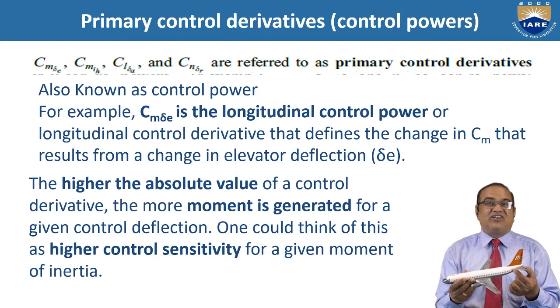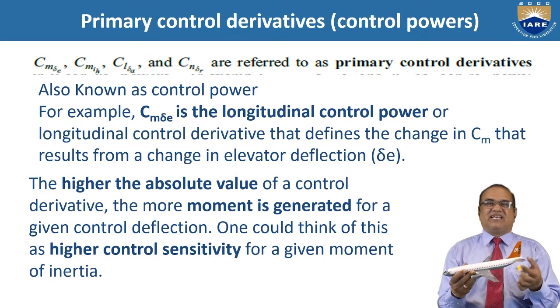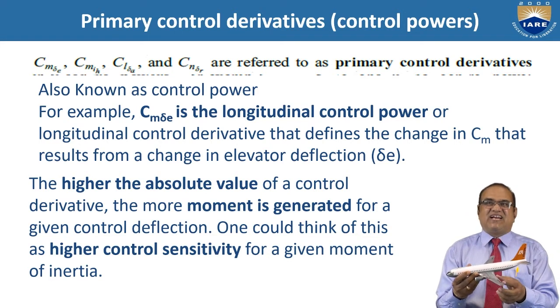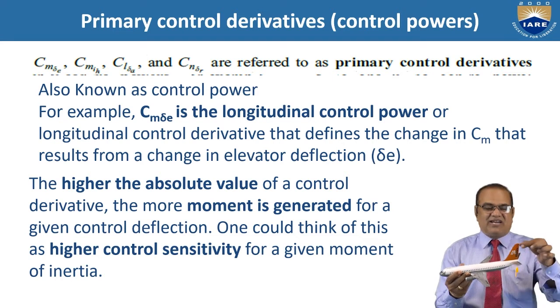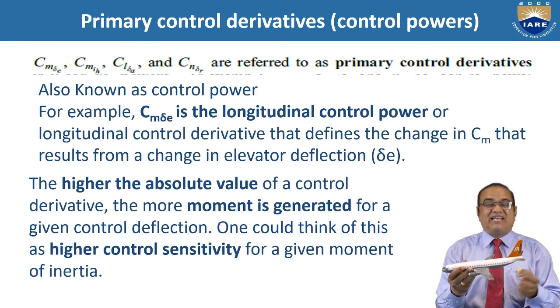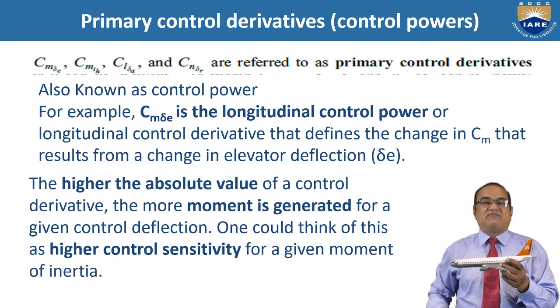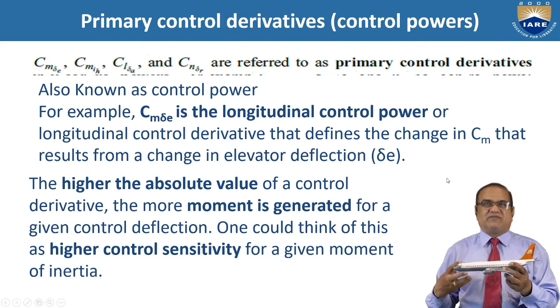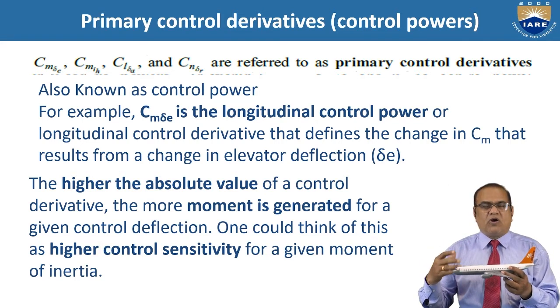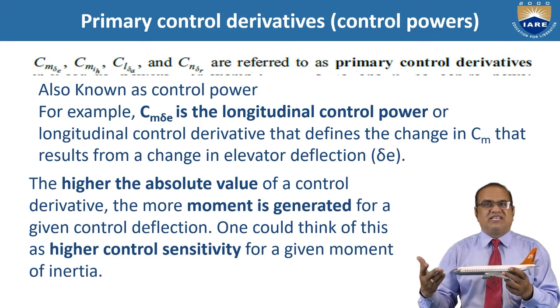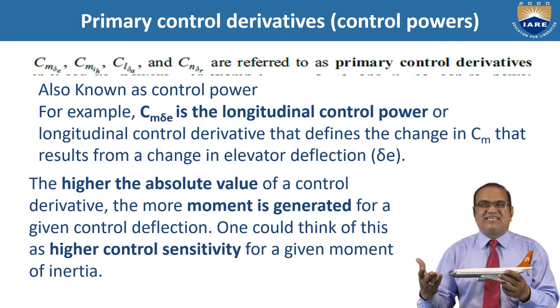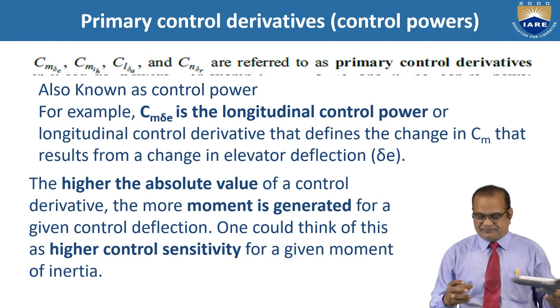H indicates the horizontal tail, E indicates the elevator deflection, A indicates the aileron, and R indicates the rudder. I think all the parameters will now be clear, what they mean and how these things are useful. This we are going to discuss in this lecture.